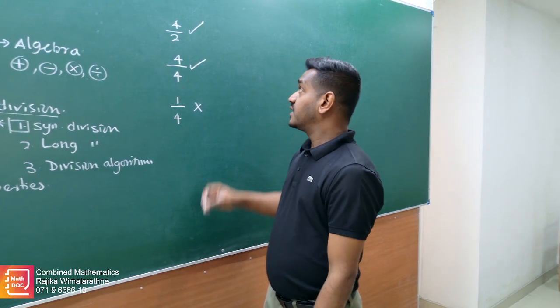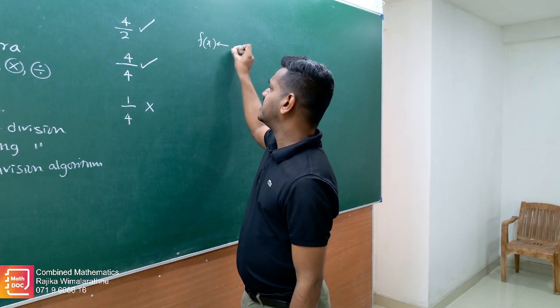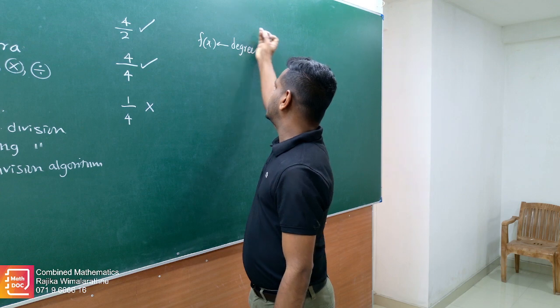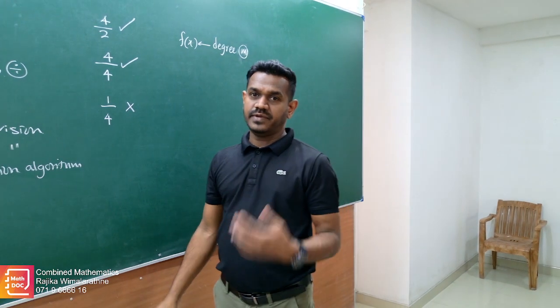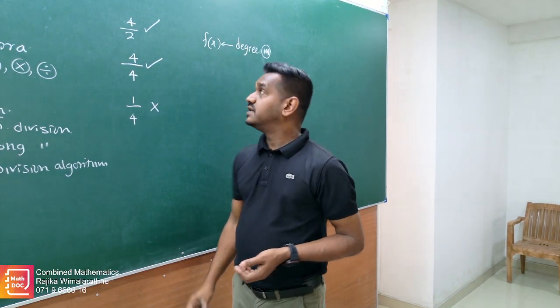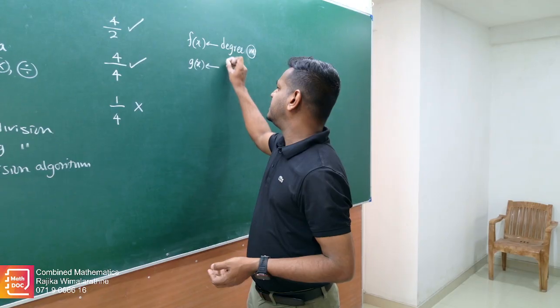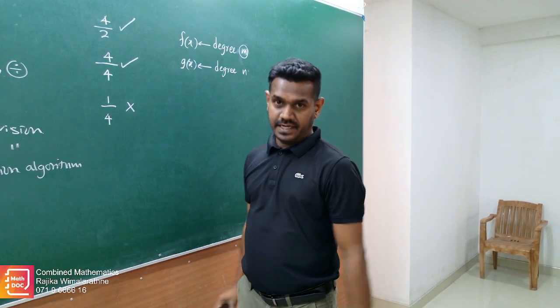Let's see this. Consider a function f(x). This is a polynomial of degree m. We know what degree is now. Degree means the maximum power of x. Then let g(x) be of degree n.